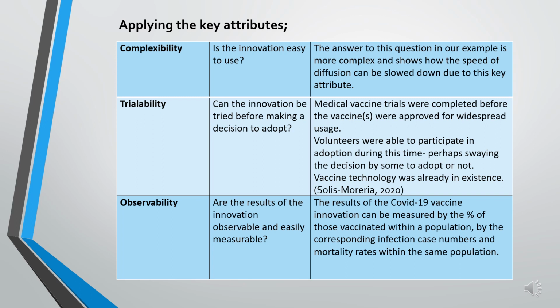Also, since the vaccine was developed using existing vaccine technology, one could argue that in some ways it was already trialled. For example, building upon known medical knowledge of the severe acute respiratory syndrome, SARS, outbreak in 2002 and Middle East respiratory syndrome, MERS, in 2012.